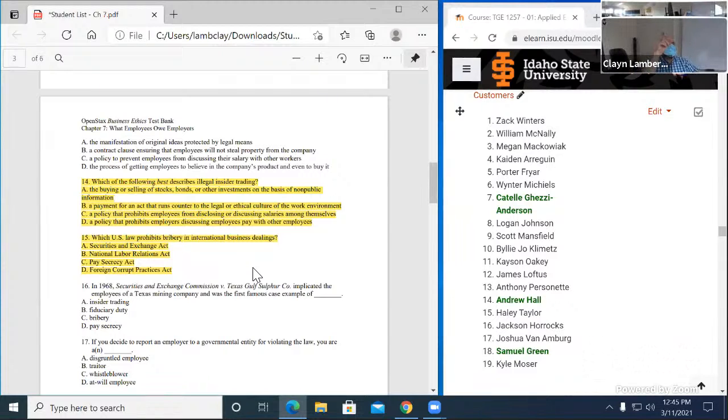Okay, I got to ask the question. Why is it necessary for the U.S. to have a law that punishes people who bribe or interact in foreign countries?